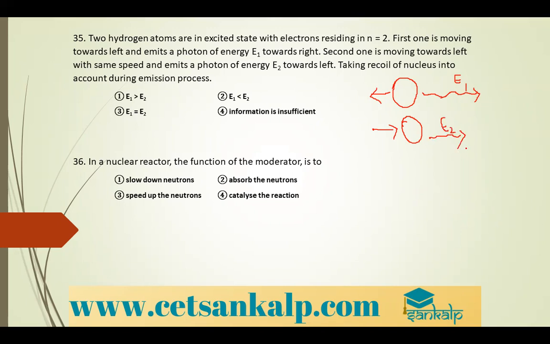In case 1, kinetic energy of the hydrogen atom increases due to recoil, whereas here it is going to decrease. So you can say E2 is greater than E1, that is, E1 is less than E2. I hope you are clear with that.